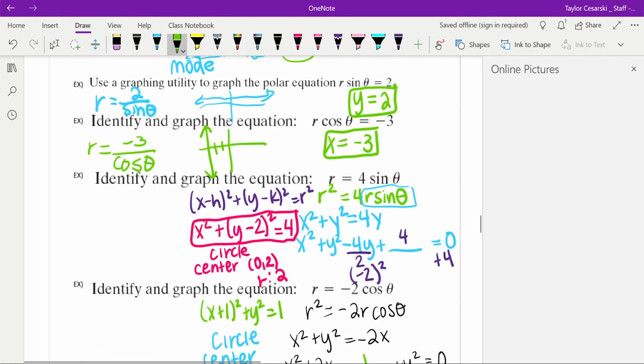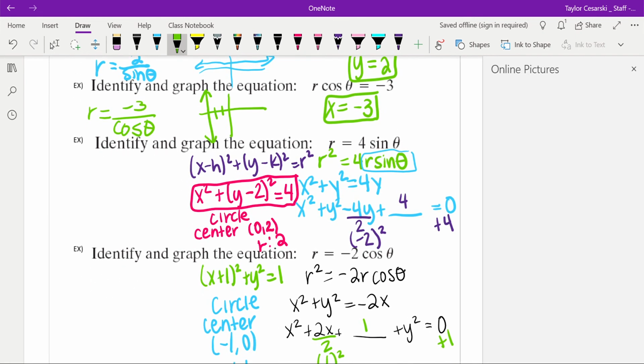Now the last two are already solved for r, so we don't have to do that work there. So for r equals 2 sine of theta, the center is at (0, 2), and the radius is 2.